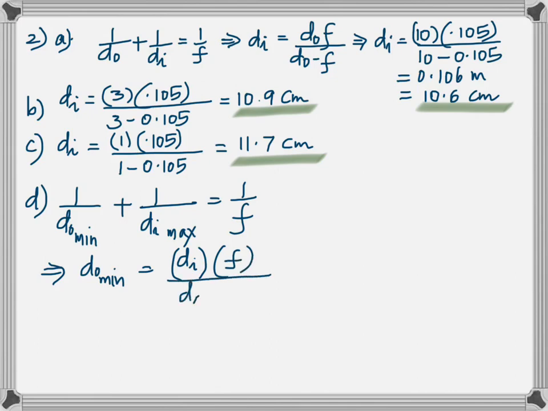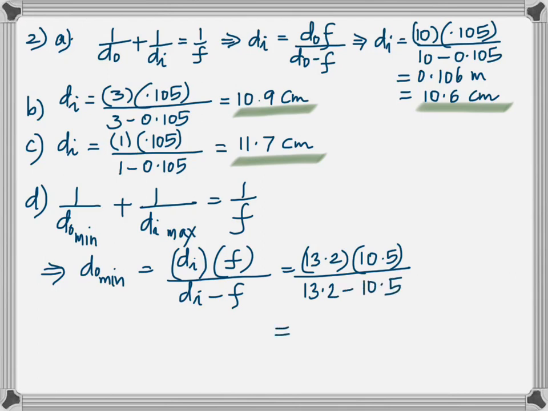Put the value of DI max, which, if it's in centimeters, is 13.2, and the focal length is also in centimeters, 10.5. And you get the answer as 51.3 centimeter. That means if the object is closer than 51.3, you're not going to get a clear image on the film.